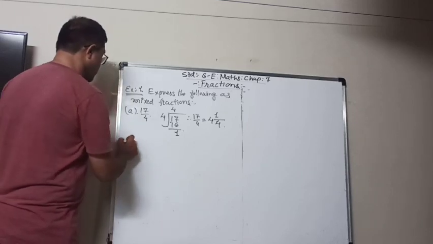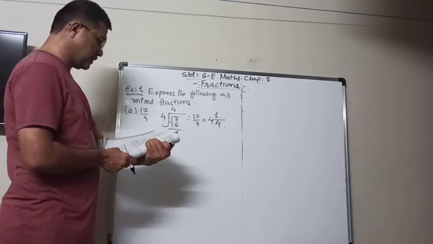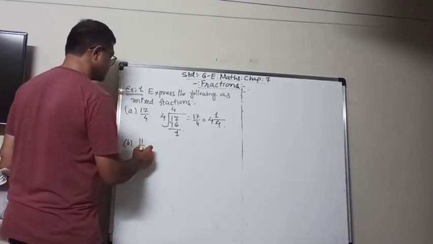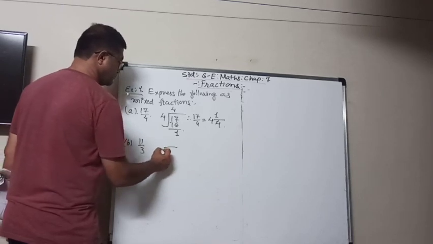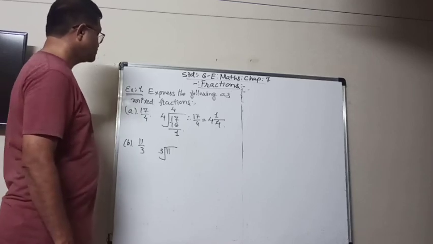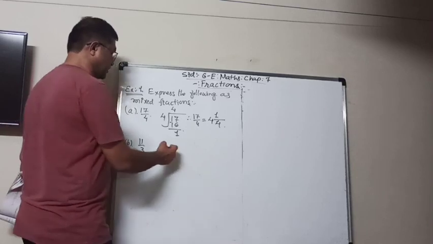Let's take another example that shows 11 upon 3. So here also divide the 11 by 3. So now 3 2s are 6, 3 3s are 9, 3 4s are 12 is more than 11.